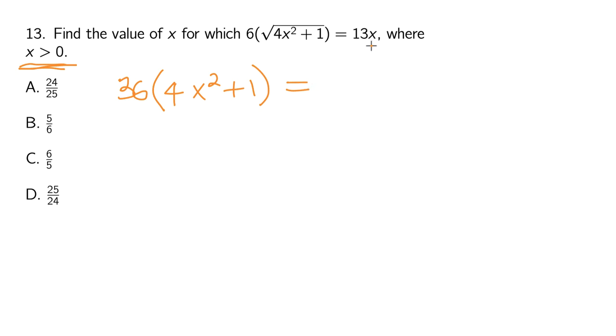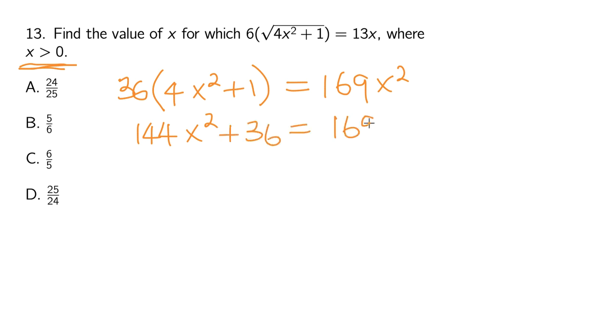What do we get? 13 squared is 169. So this is what we get. We simplify further. 36 times 4 is 144. x squared plus 36 equals 169 x squared.